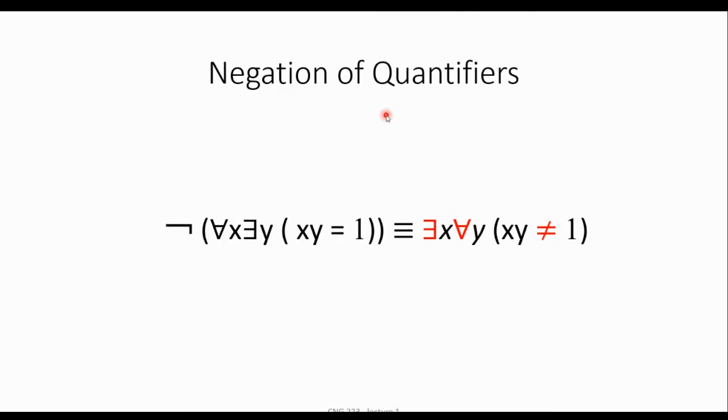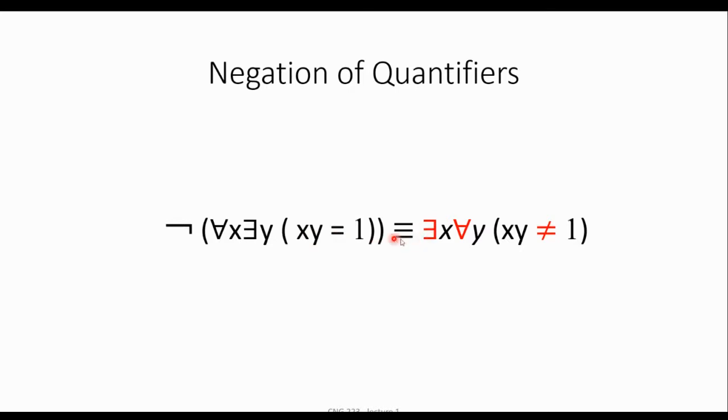And what about negation of quantifiers? We already showed that for different compound propositional logic, but let's see what happens to quantifiers. Like, let's say I apply this negation to this term: for all x's, there exists y such that x times y is equal to 1.